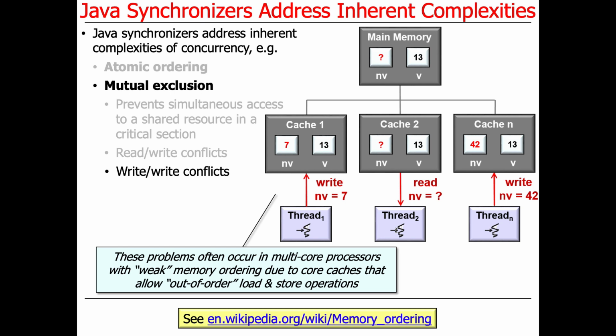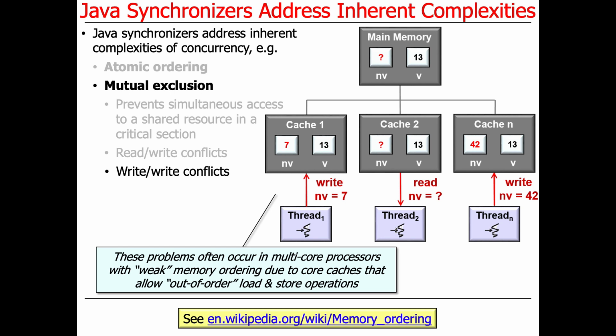And so if one thread writes a value to a non-volatile field, NV stands for non-volatile, then in the absence of synchronization, it's not clear when that value will be propagated from cache 1 up to main memory, such that if someone else comes along and reads the value of that field, they'll get a different value.